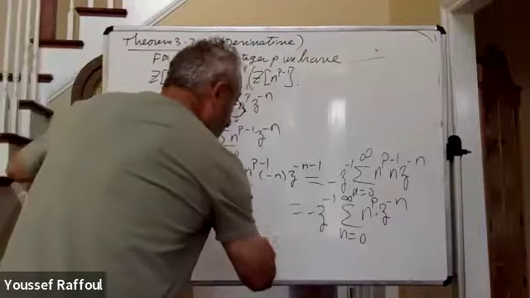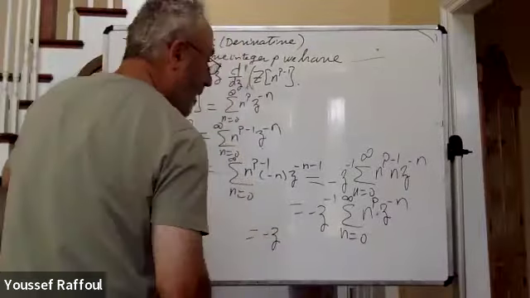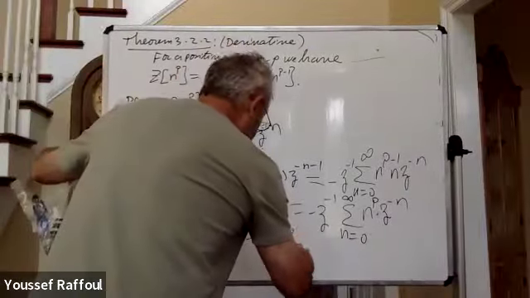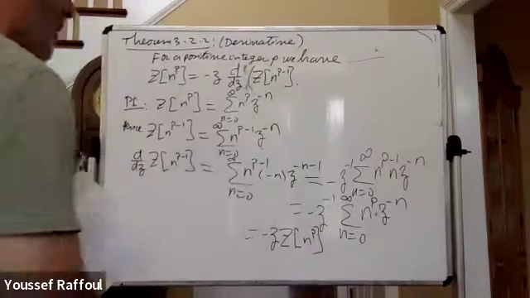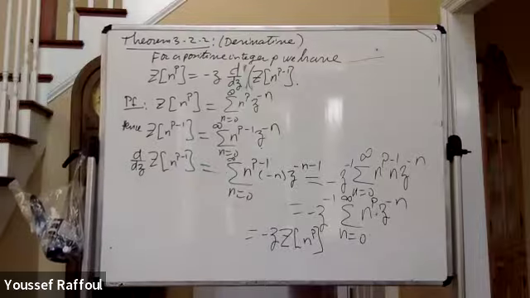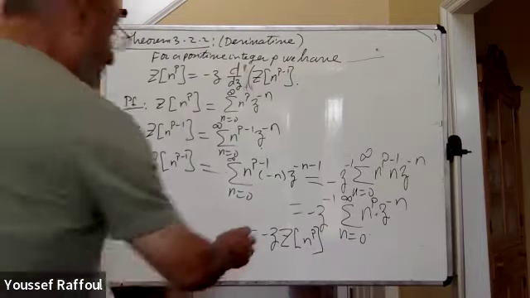And that is minus z^(-1) Z of n^p, isn't it? Oh, I have z^(-1), sorry.